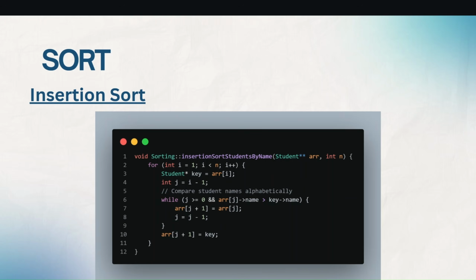Each sorting algorithm has its own advantages and disadvantages, so we are just using them in the right situations so we can get better results. And that's it for my explanation of the sorting algorithms.